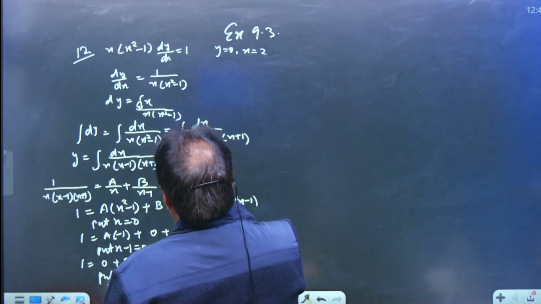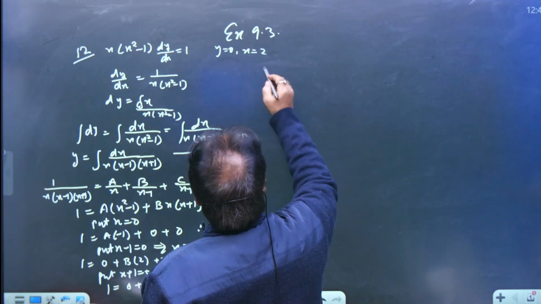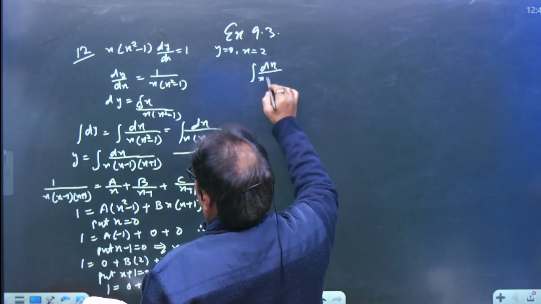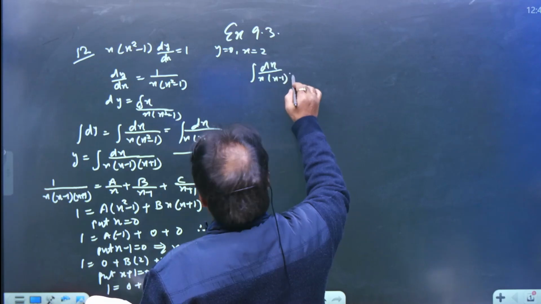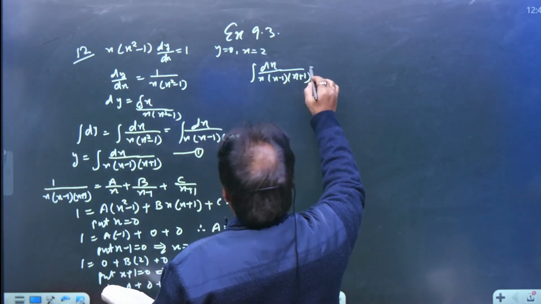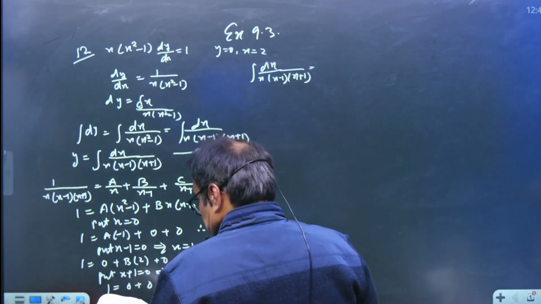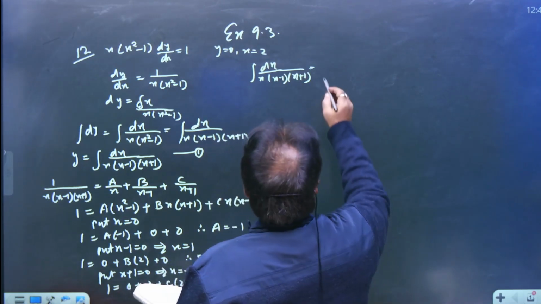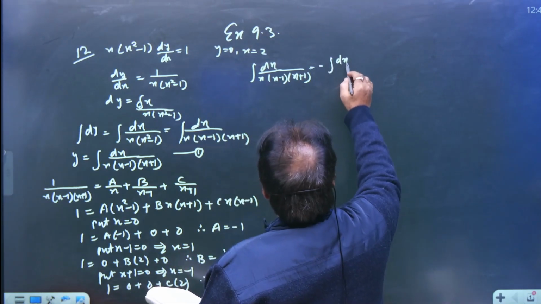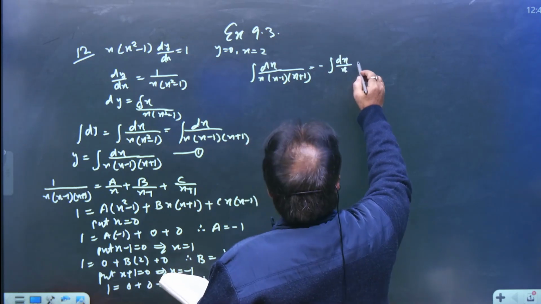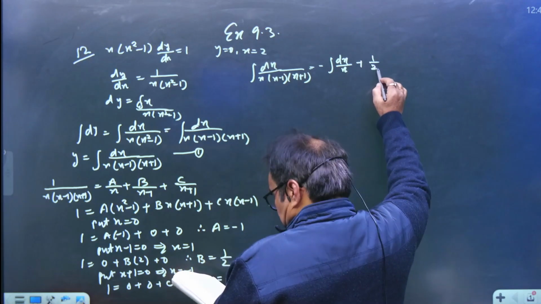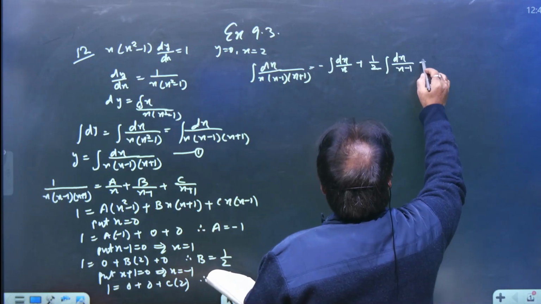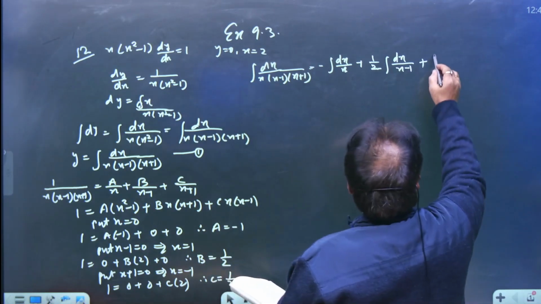So integration of, so put it in number 1, and integration of dx upon x into x minus 1 into x plus 1 is equal to, the value of a is minus 1. Okay, the value of a is minus 1. So this is integration of minus dx by x, and the value of b is 1 by 2, and integration of dx upon x minus 1, and the value of c is also 1 by 2.